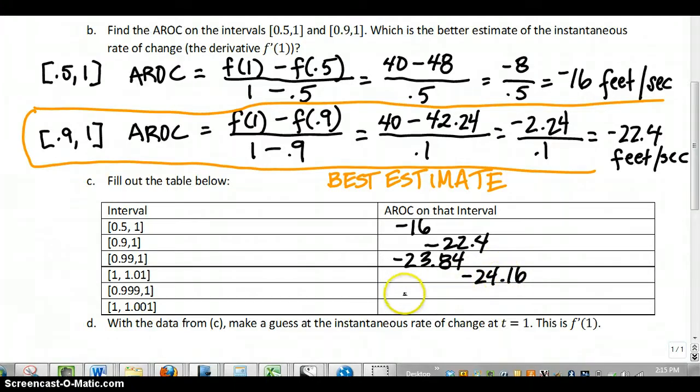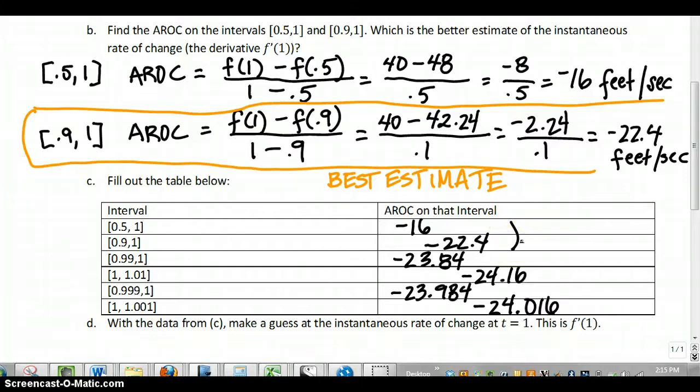Then we go to -23.984. That's from an even tinier interval, just 0.0001 seconds long, and a 0.0001 second interval on the other side gives us -24.016.